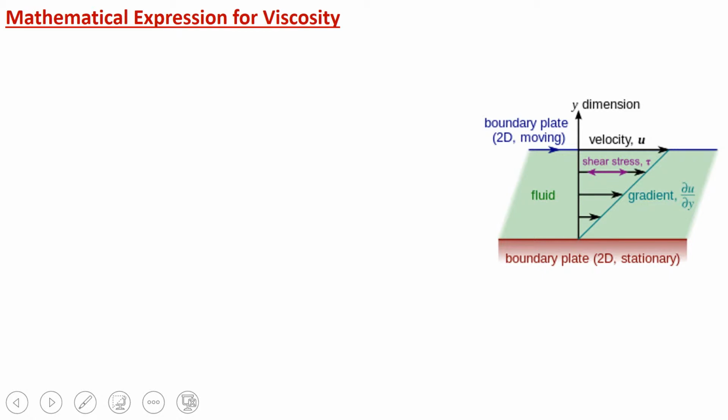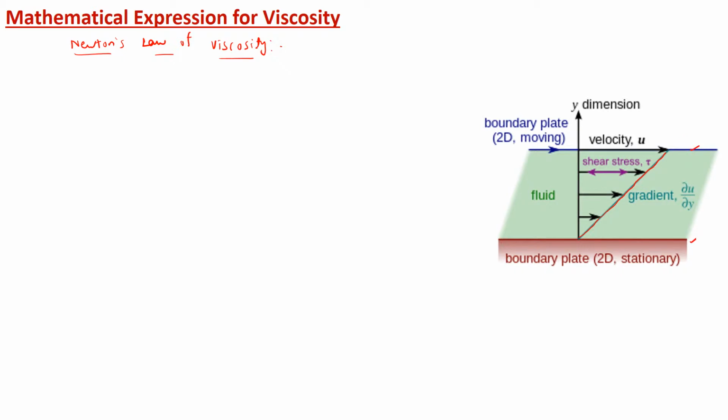Now, the mathematical expression for viscosity. Viscosity was first mathematically expressed by Newton, and he gave a law for viscosity which is known as Newton's law of viscosity, according to which, see this diagram, there are different layers between two plates.